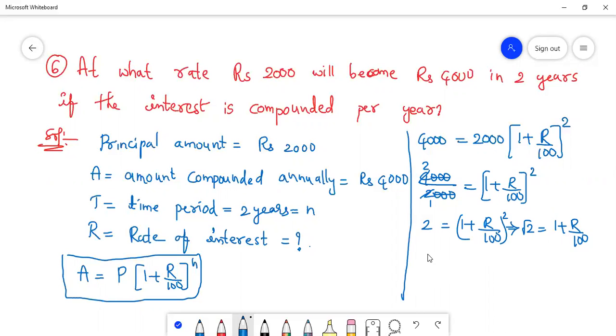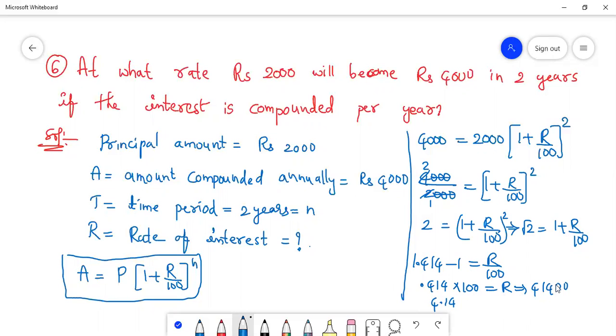So here, root 2 value is 1.414. This 1 is taken to the left side: minus 1 is equal to R by 100. Then 1.414 minus 1 is 0.414, and cross multiply into 100 is equal to capital R. Then it is 41400.